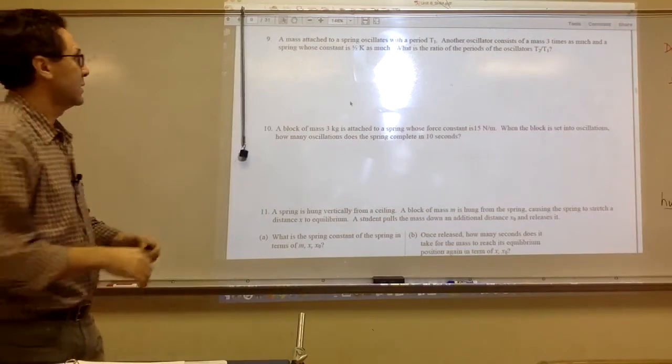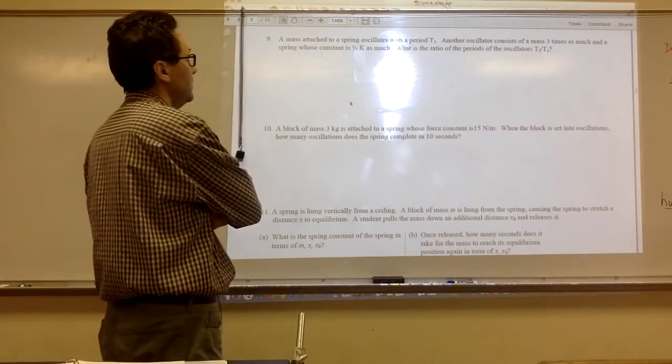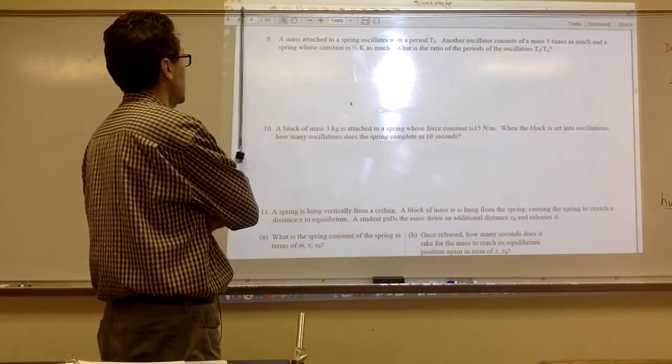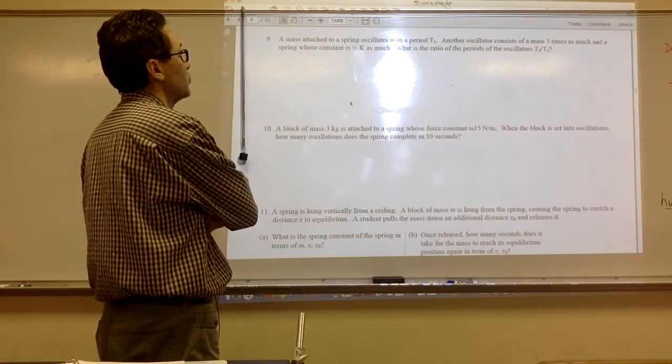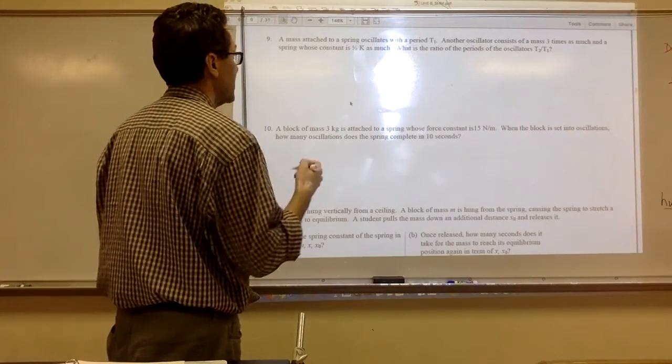A mass attached to a spring oscillates with a period T1. Another oscillator consists of a mass 3 times as much and a spring whose constant is half as much. What is the ratio of the periods of the oscillators, T2 over T1?